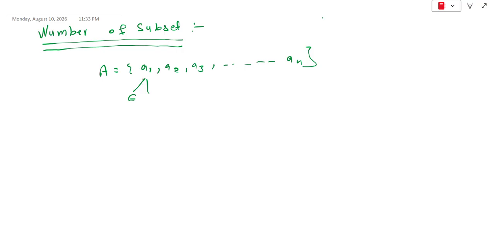So in simple words, we can say every element has two choices. A1 belongs to the set A or not. A2 has two choices: the A2 element belongs to the set A or not. Also A3 has two choices: belongs to A, not belongs to A. Also An has two choices.